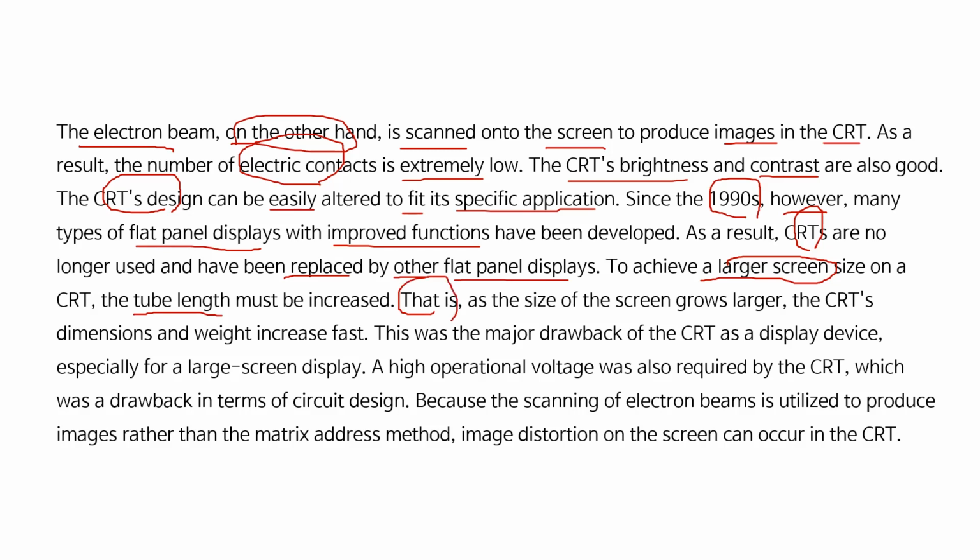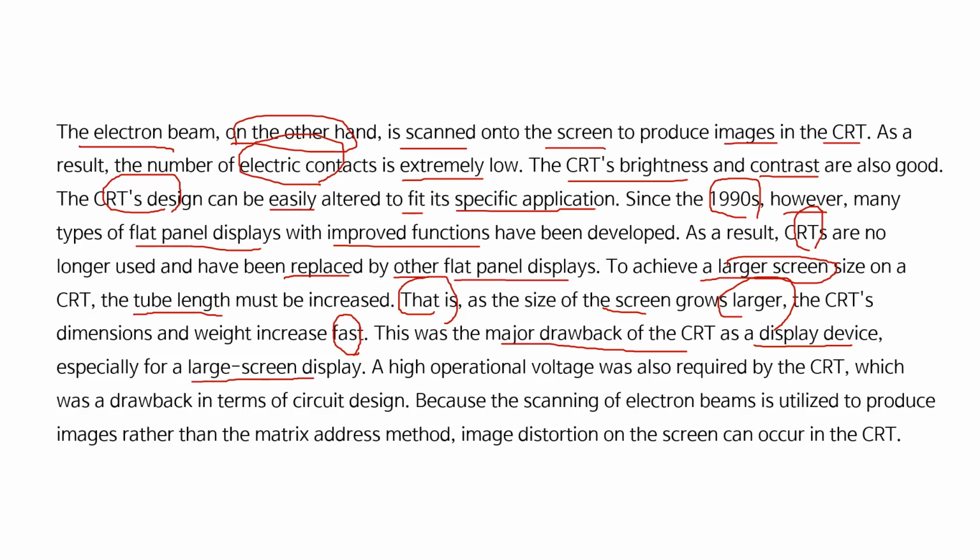That is, as the size of the screen grows larger, the CRT's dimensions and weight increase fast. This was the major drawback of the CRT as a display device, especially for large screen display.